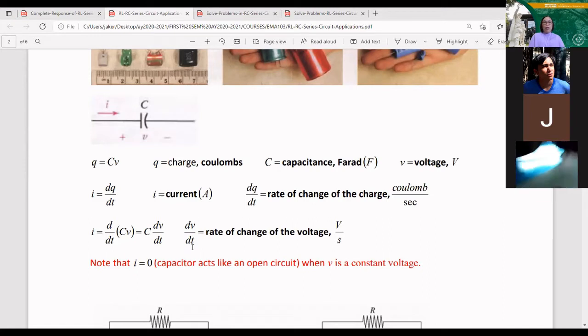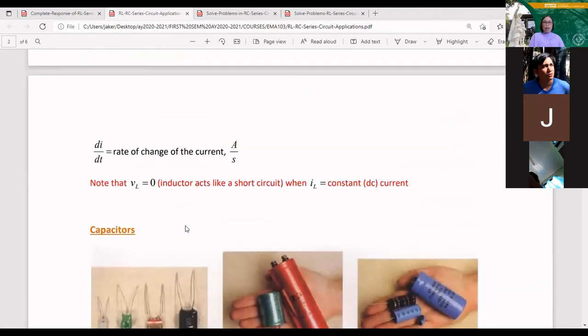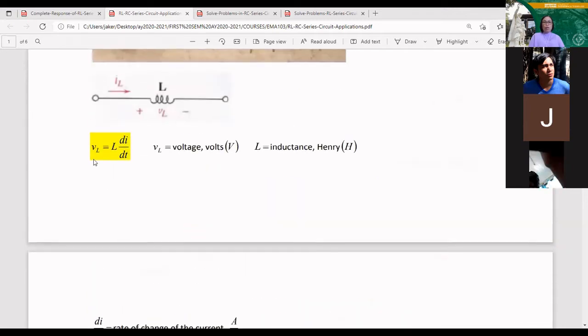So this time, it is the current which is represented by a product of a constant quantity and a derivative. In the inductance, we have the voltage drop across our inductor, which has the presence of the derivative, the rate of change of the current with respect to time.